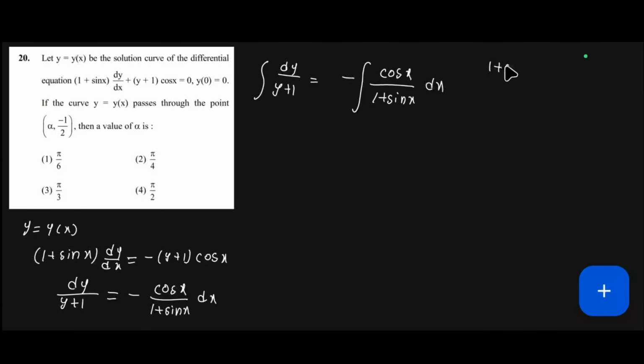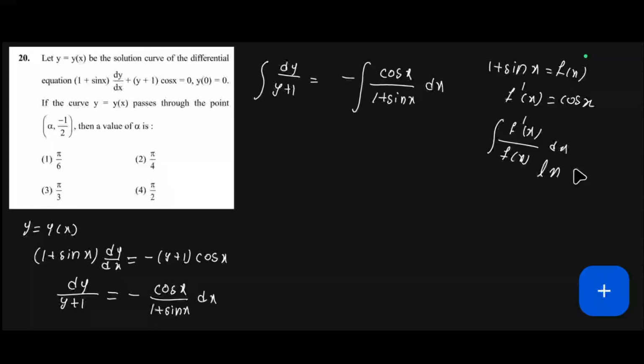Let 1 plus sin x be f of x, then f dash of x is equal to cos x. So it is in the form of integral of f dash of x by f of x dx, which is equal to ln of f of x.